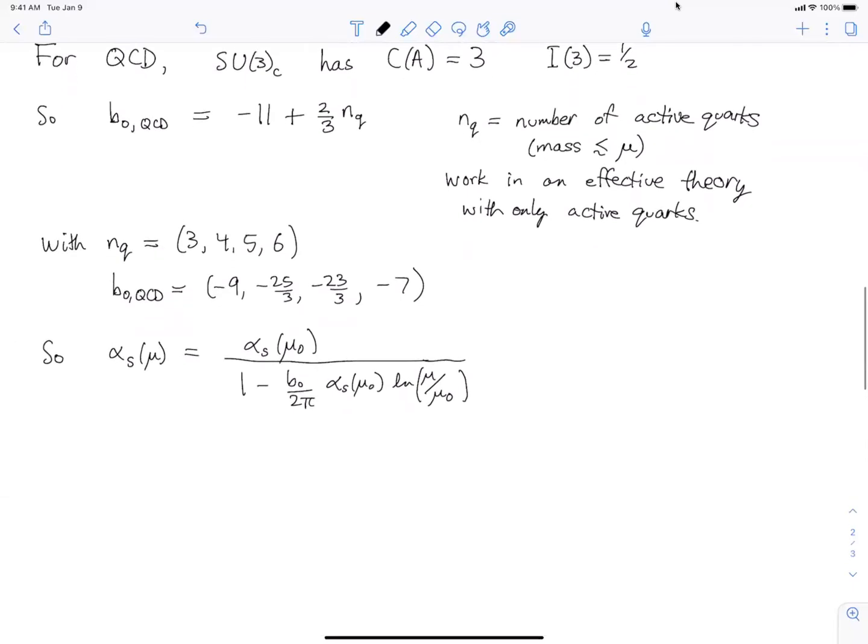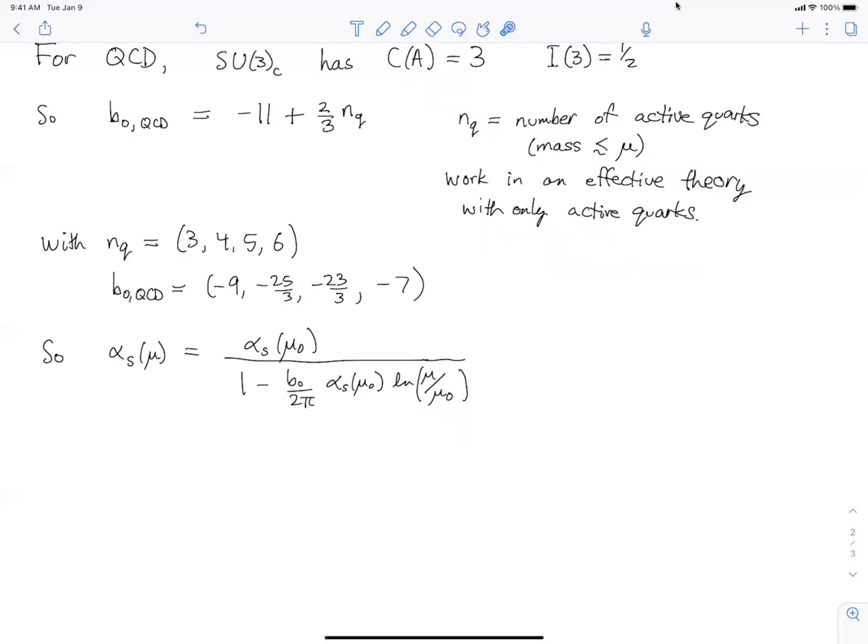Okay, so let's look at this denominator a little bit. So we've got a minus sign here, but this is also minus. So together that makes a positive number. But the logarithm could be negative, because if mu gets much less than mu0, then you're taking a logarithm of a number less than 1. And so this can be negative.